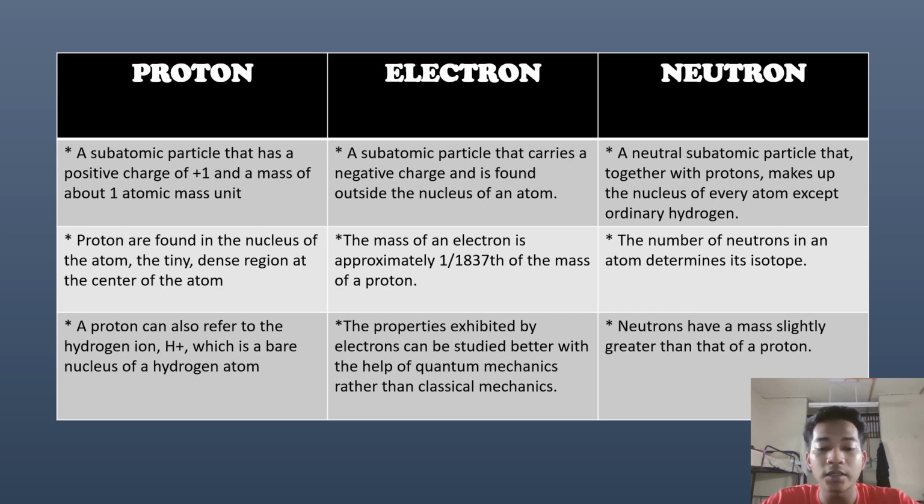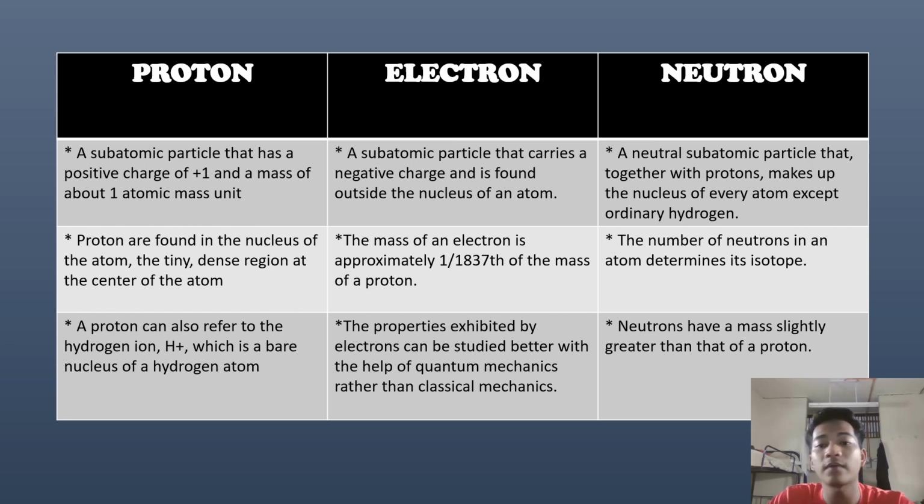Electrons are distributed around the nuclei of atoms in atomic orbitals, which can be visualized as regions around the nucleus in which the probability of finding a specific electron is the highest. The properties exhibited by electrons can be studied better with the help of quantum mechanics rather than classical mechanics.